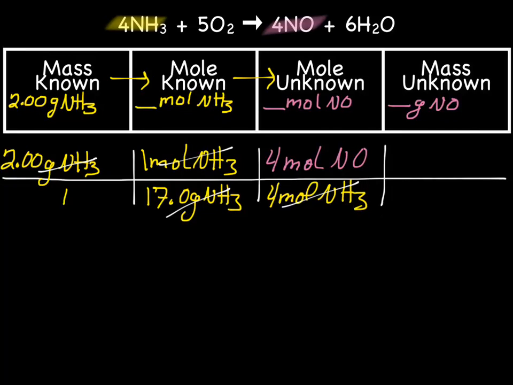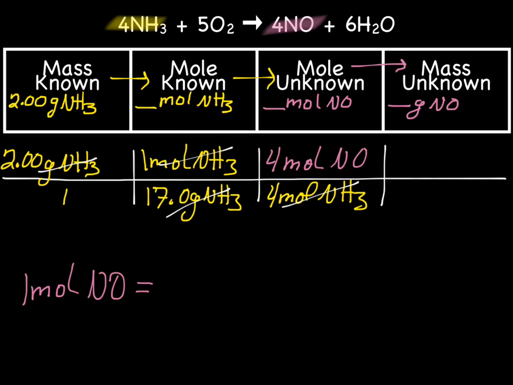Okay, so from mole unknown, we need to go to mass unknown. The equality that has those terms in it, mole unknown and mass unknown, is 1 mole of the unknown, which in this case is NO, equals the molar mass of the unknown.